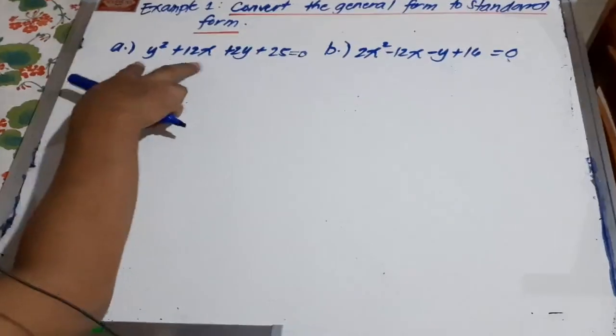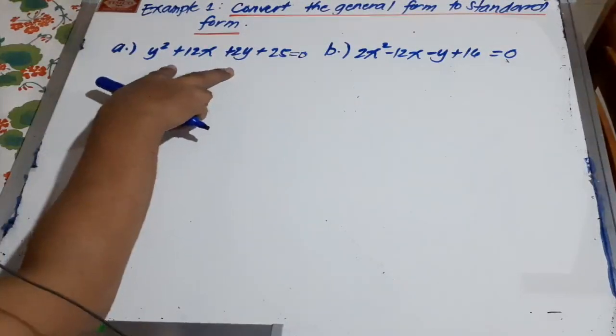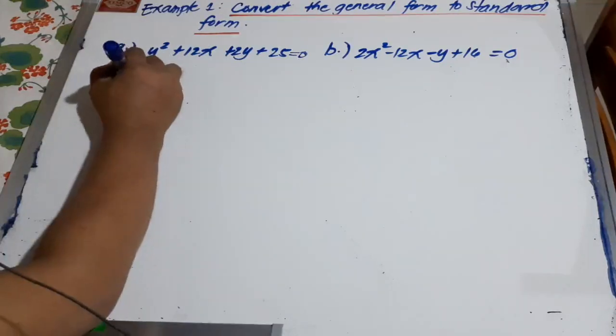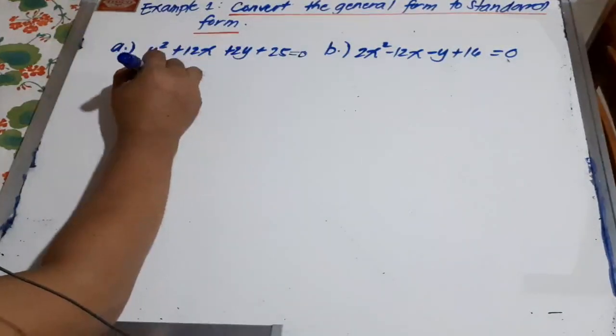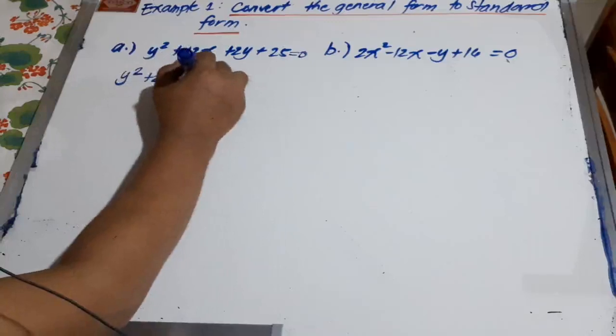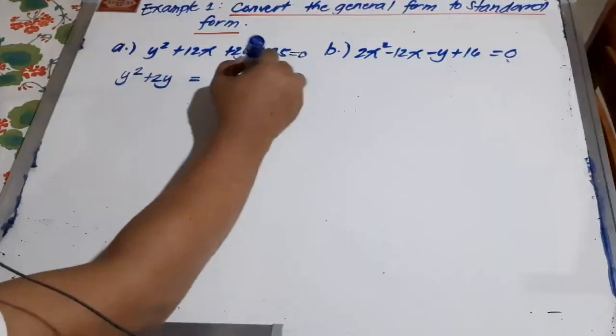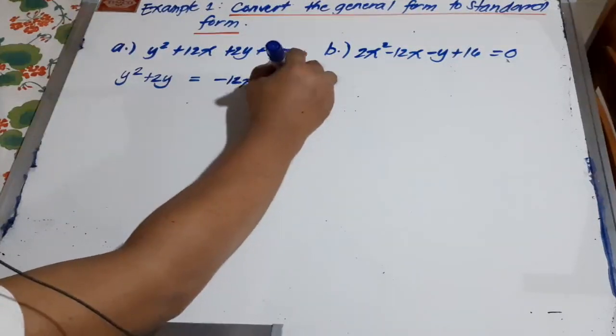So we have y squared and 2y will be retained sa left side of the equation. We have y squared plus 2y. Then transpose natin si 12x. So that will become negative 12x, and 25 will become negative also.